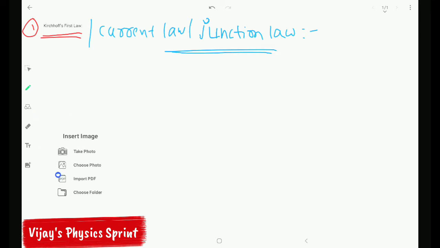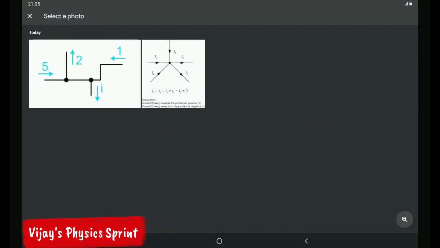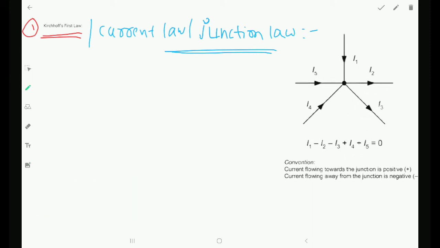So what does it state? According to Kirchhoff's first law, the sum of currents flowing into a junction is equal to the sum of currents leaving the junction. See this diagram: I1, I4, I5 are flowing into the junction, and I2, I3 are leaving the junction.